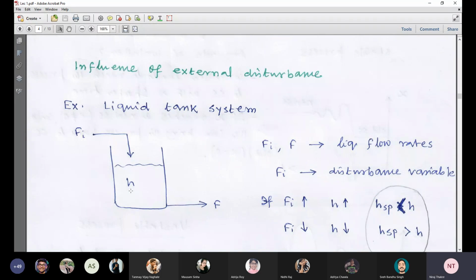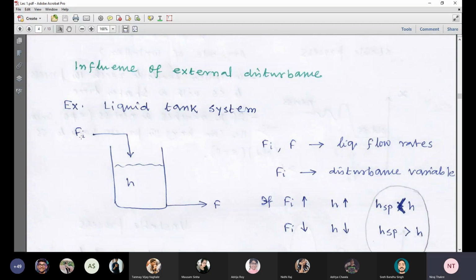The height increases. Agree? And if height increases, there is a hydrostatic pressure, which is H rho G, because of that increased height. And that hydrostatic pressure leads to an increase in the outlet flow rate F. But this height reaches a new steady state.